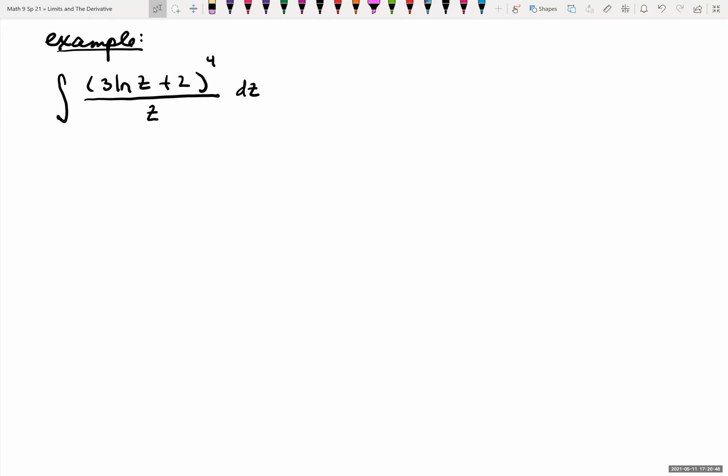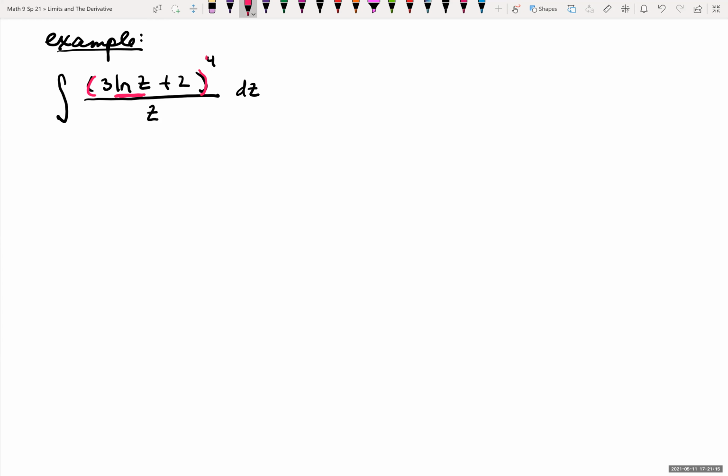So again, this is something that I don't know how to find the antiderivative of, and so I need to manipulate this. I notice I could expand that 3 natural log of z plus 2, multiply that out 4 times, but that 2 doesn't look like it's going to help me. And I don't know how to take the antiderivative of natural log. But if I just use the natural log of z in here, I have a problem because of this 4th power.